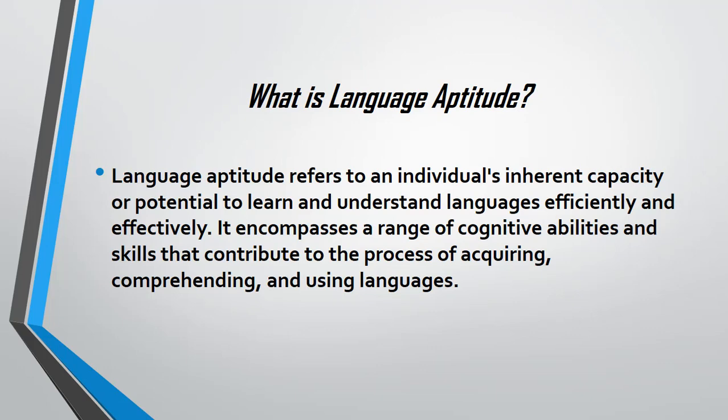We find the holistic analytical, which refers to focusing on details or the bigger picture, and there is the reflective impulsive style, which is reflecting deeply before responding or being more impulsive. And there is the field dependence independence, which is the ability to separate details from the background context, and more, of course.